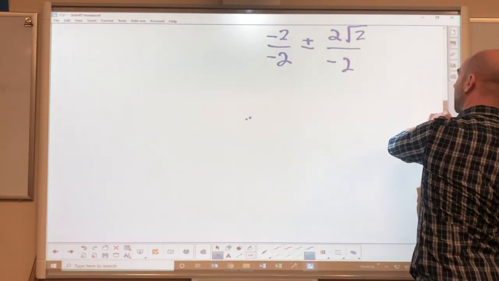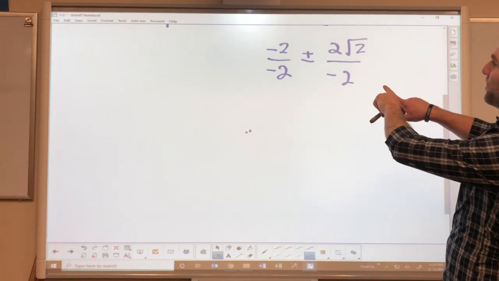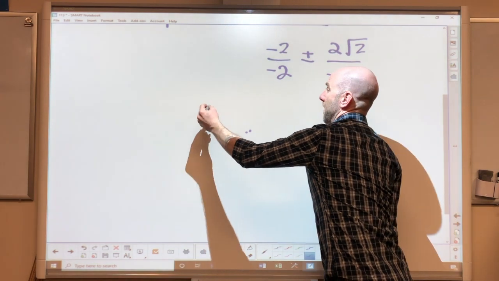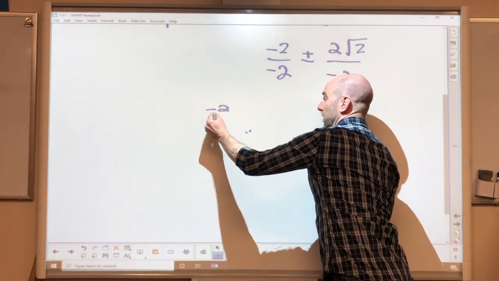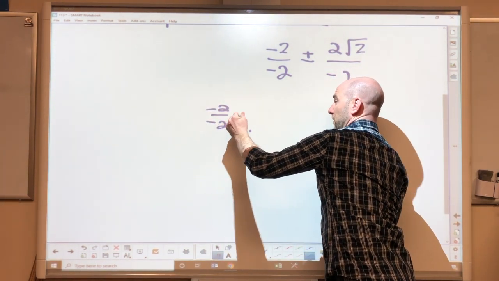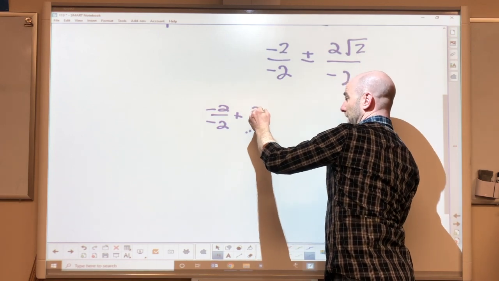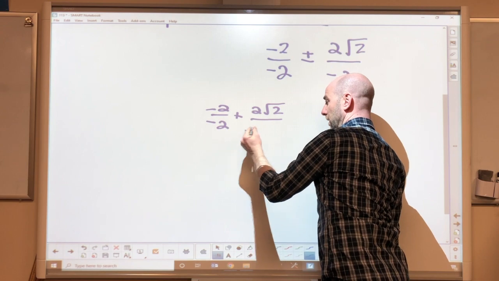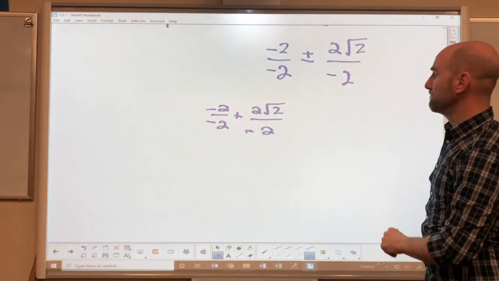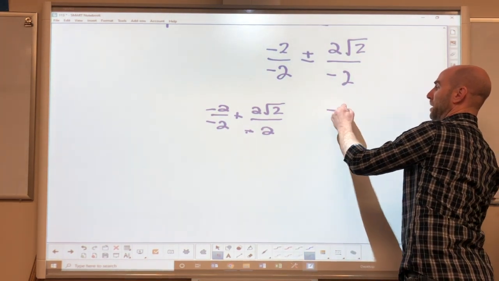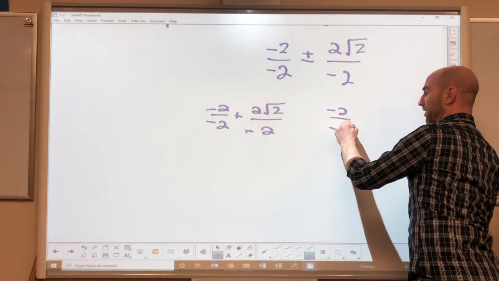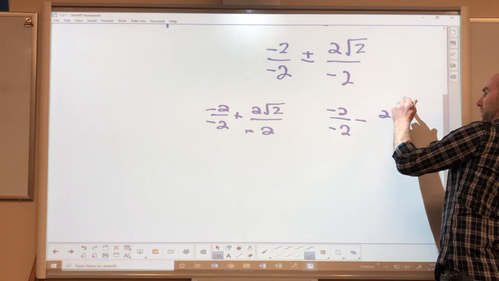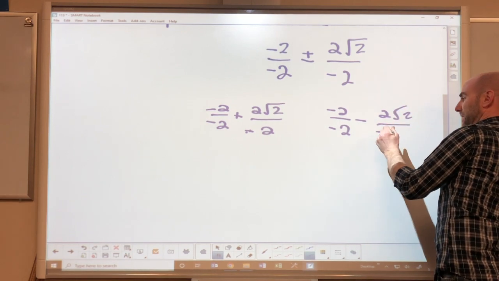From here, break into your two equations, your two solutions. So -2 over -2 plus 2 root 2 over -2. The other is going to be -2 over -2 minus 2 root 2 over -2.